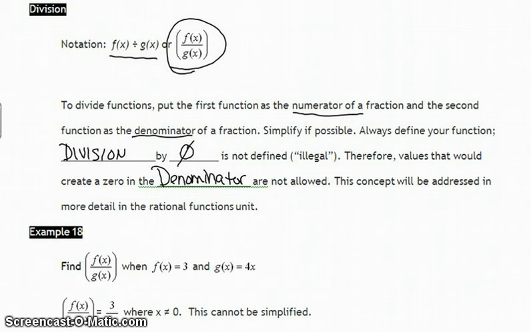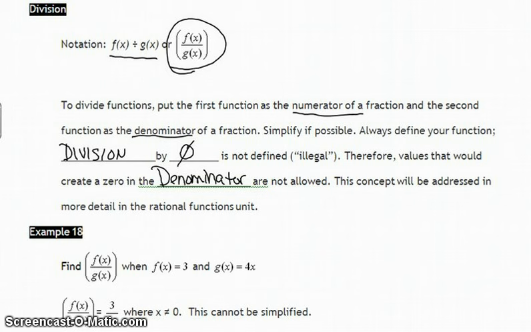And if we look at it, it says to find f of x divided by g of x when f of x is 3 and g of x is 4x. So we replace f of x and g of x with their equivalent expressions in the numerator and the denominator, and see if we can simplify it. See if we can factor the numerator and the denominator, and if anything cancels.